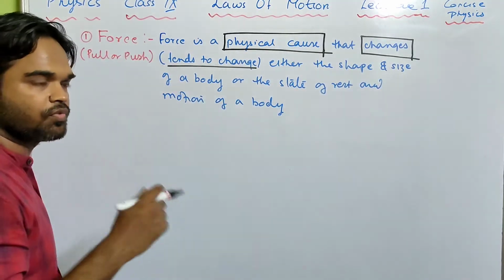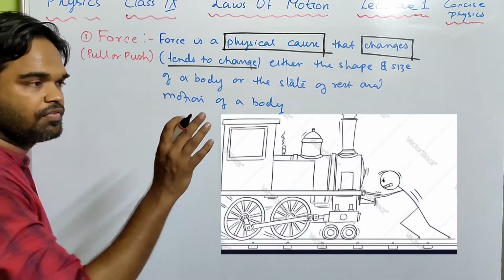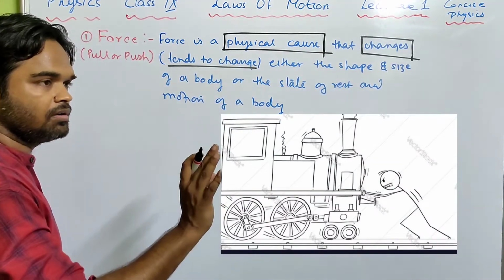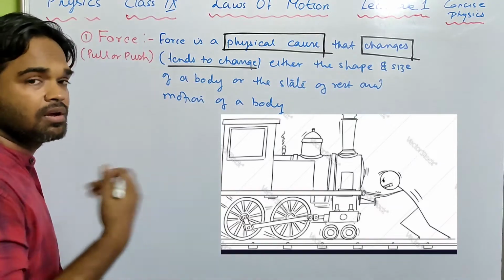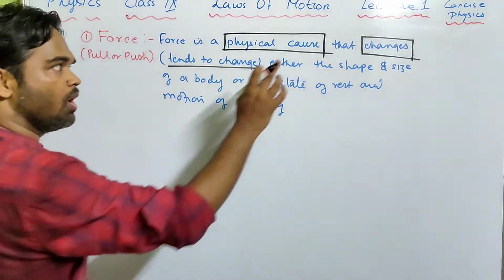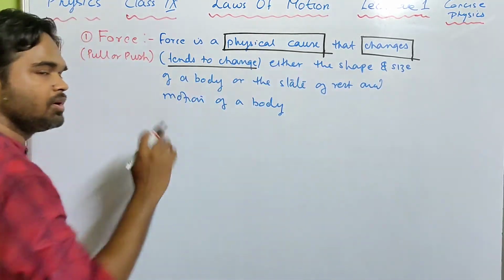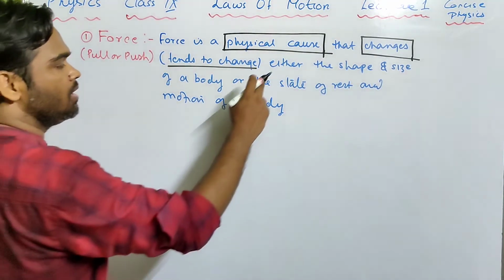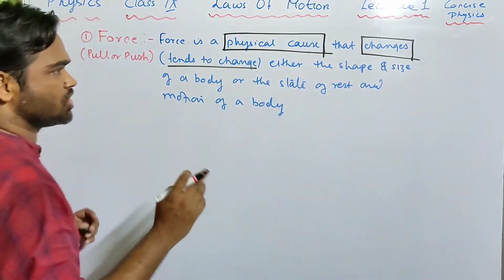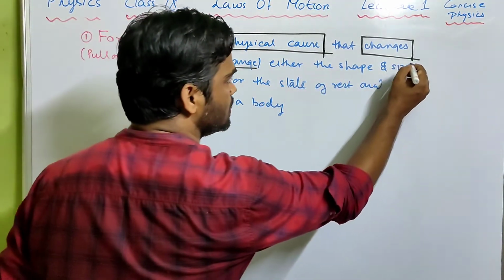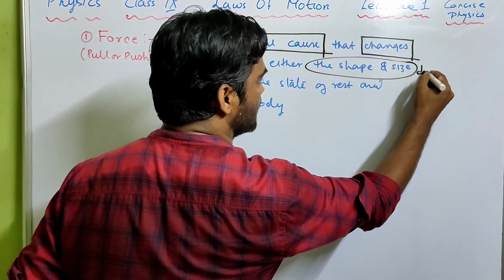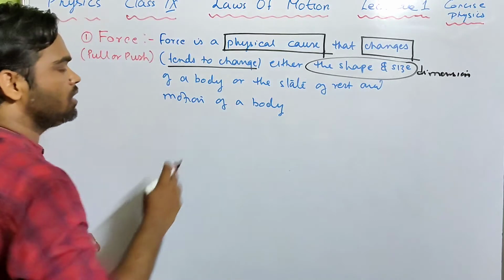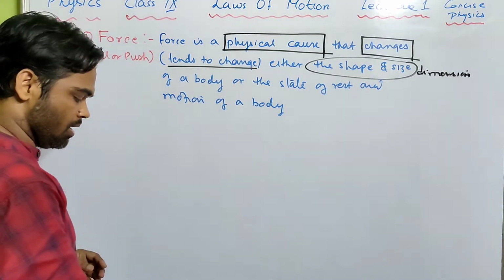For example, imagine if there's a train at rest and I'm trying to set the train in motion by merely pushing it. I won't be able to do. Though I'm applying force, I'm not able to change its state of rest. So either it changes the shape and size, which means it changes the dimension of the body, or the state of rest and motion of a body.